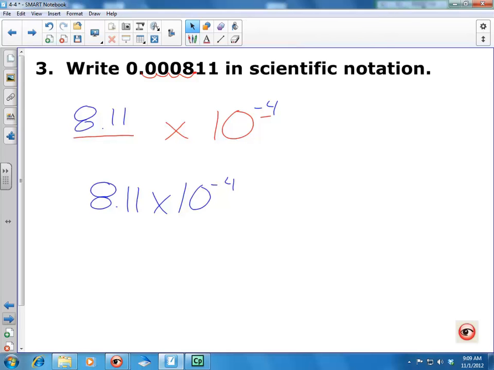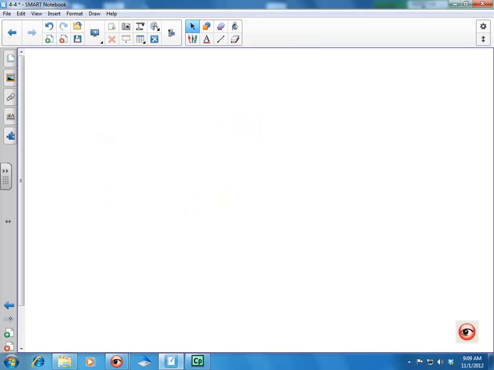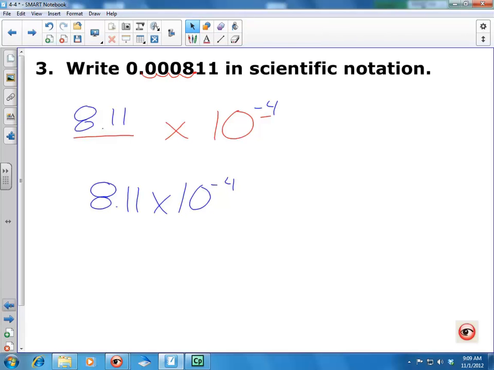All right, let's take a look at our next example. Oh, no, that's it. But let me ask you this. What happens if this number looked like this? Well, where's my decimal going to go on this one?